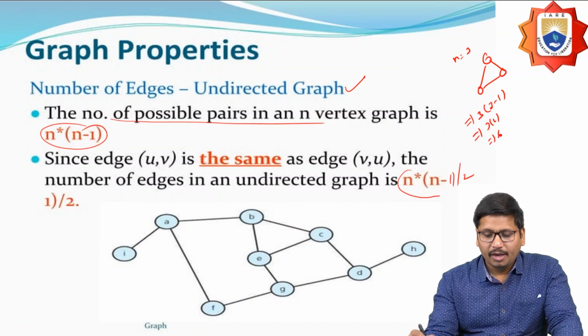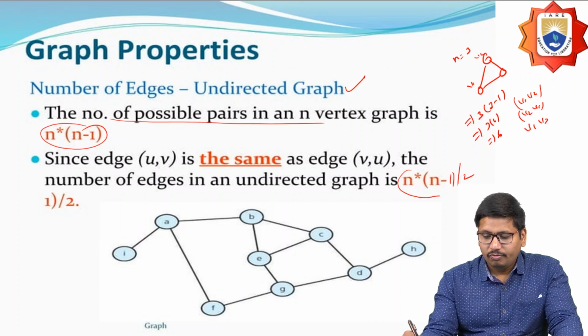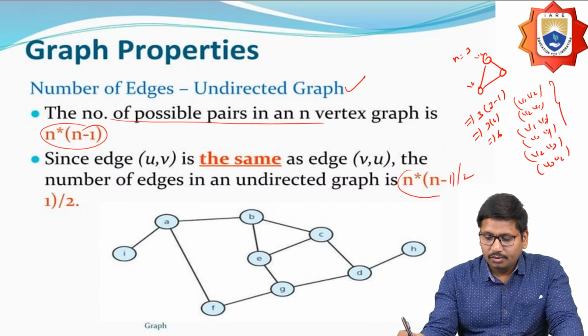The possible pairs in the given vertices are v1 v2, v2 v1, similarly v1 v3, v3 v1, and v2 v3 and v3 v2, so totally 6.